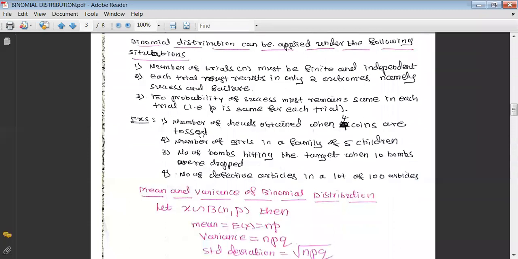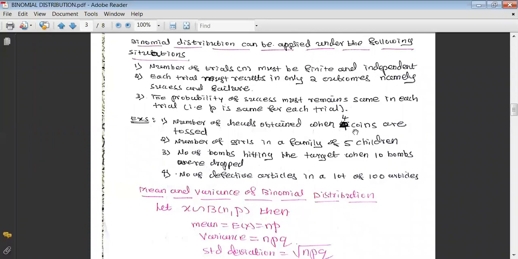Let us consider the first one: the number of heads obtained when 4 coins are tossed. Here the number of coins tossed is 4, that is, n is finite. The result of one toss will not affect the result of another toss, which means the trials are independent. The first condition is okay.